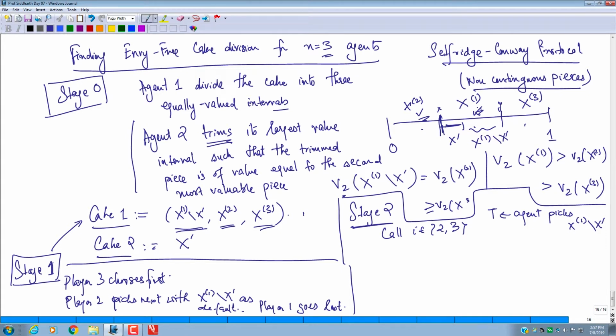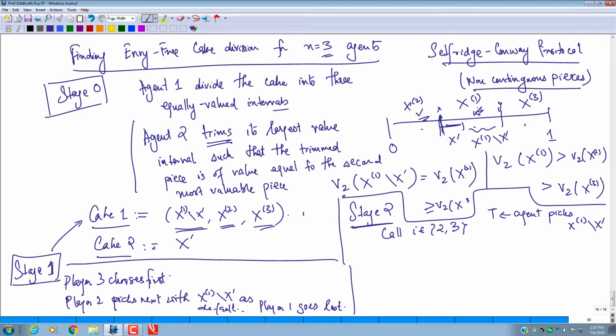Eval 3 of x1 minus x prime, eval 3 of x2, eval 3 of x3, pick the largest. That's what player 3 picks. If it picks the first one, kosher. If not, then player 2 is the fallback option. Is that clear?